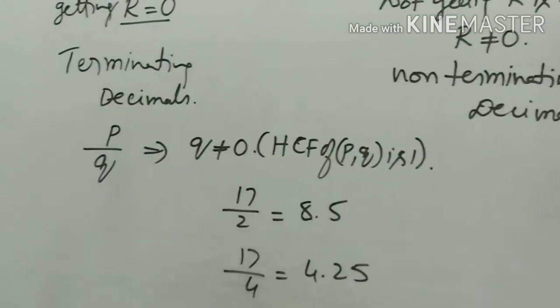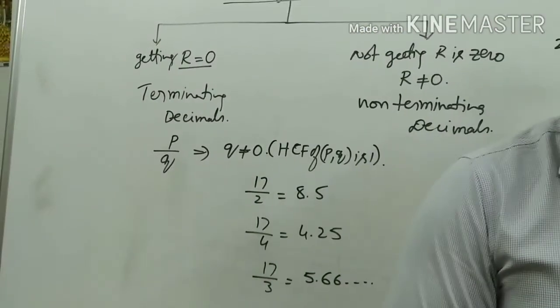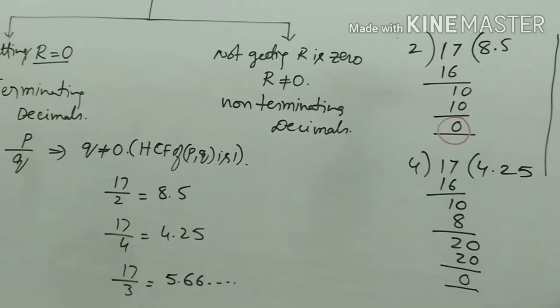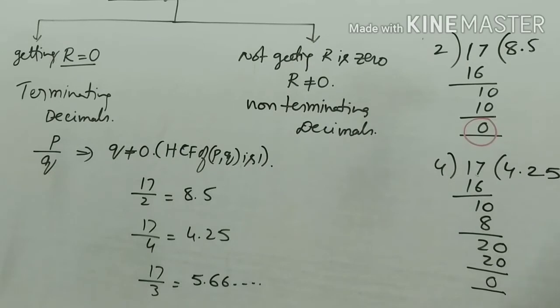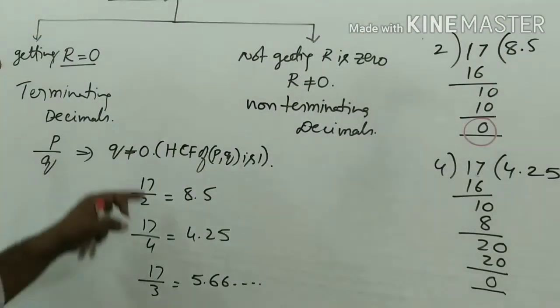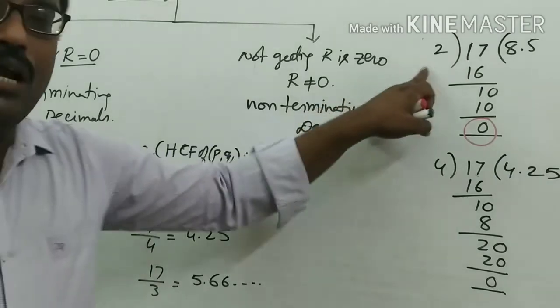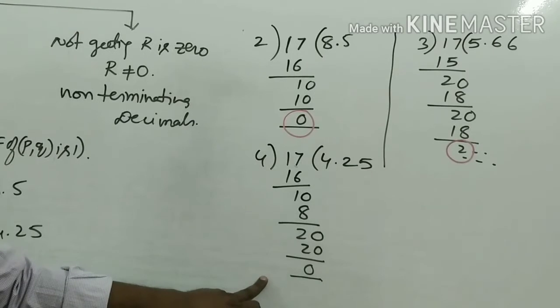So, if any fraction is given to you, how can you say whether it is terminating or non-terminating? What you will do is divide 17 by 2 like this, and 17 by 4 like this.